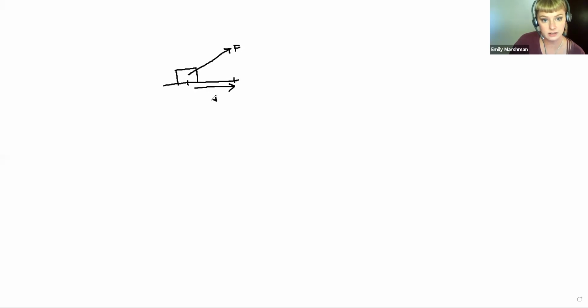Now let's think about the connection between work and energy. For the example of dragging the crate across the floor, if I drag the crate across the floor a distance d, we said that the work done is the force multiplied by the distance here, where the force is the parallel component of the force.